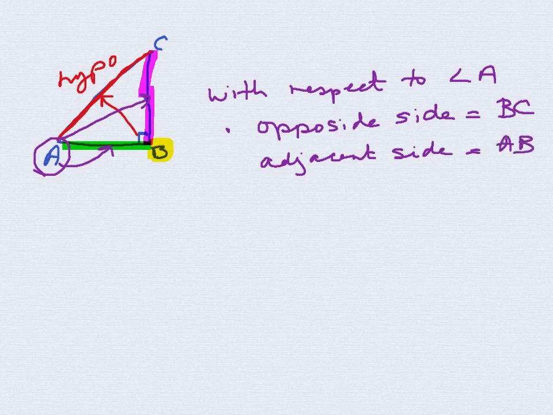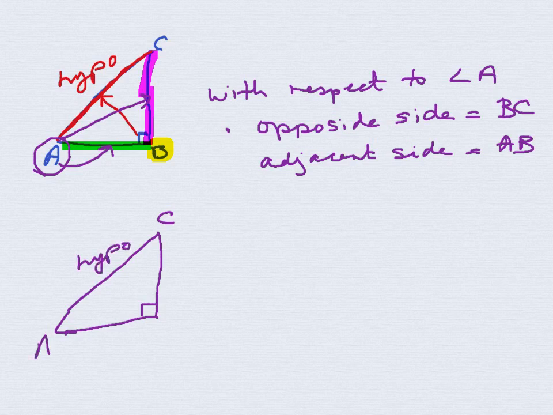Now, if you change your perspective and you're no longer at angle A, but you've walked around your triangular park and now you're at angle C. So now you're up here at angle C, and the hypotenuse never changes because the hypotenuse is always across from the right angle. But the two acute angles can change.